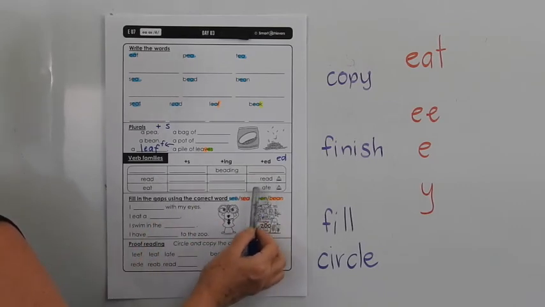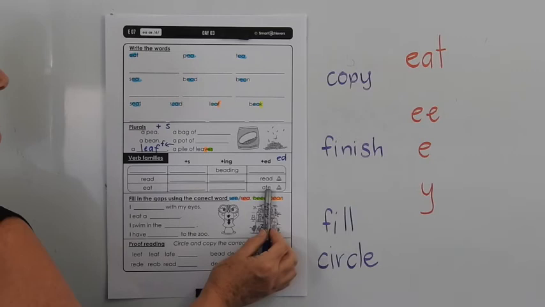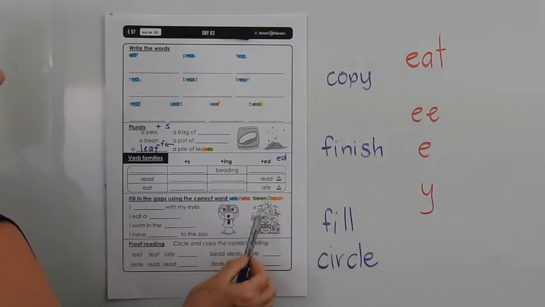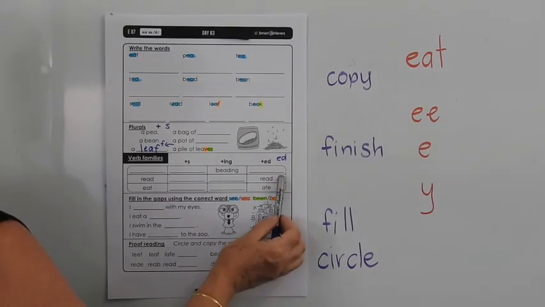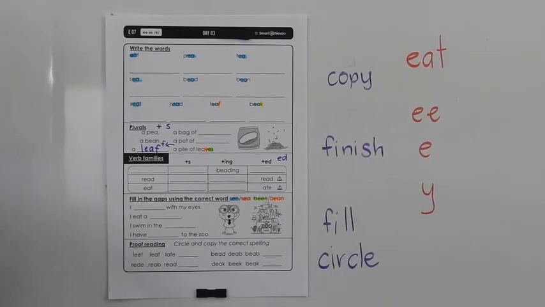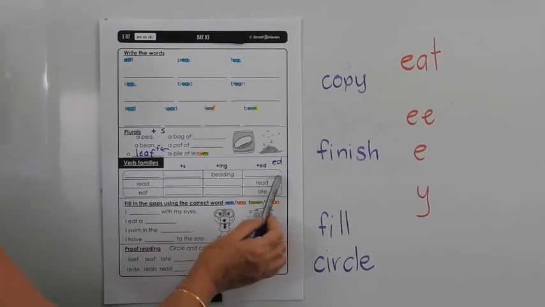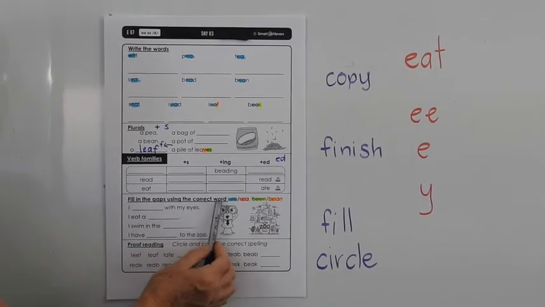And here the EA is making its other sound, E. With eat, we don't say I eated my dinner, we say I ate my dinner. So that's another irregular or unusual verb. And we put little alerts there so that you realise that they're not normal verb families where we just add the ed.